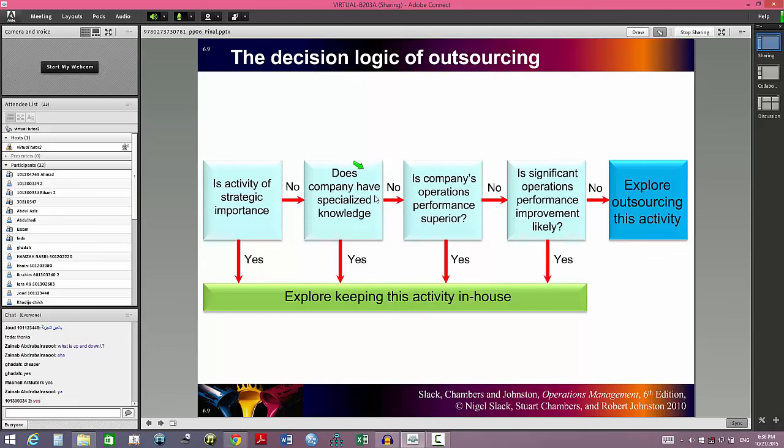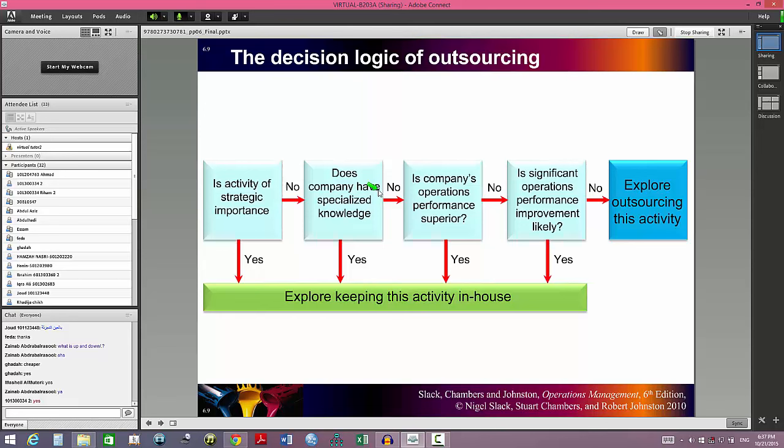Otherwise, if the operation is not strategically important, then we need to answer the second question, and the second question is related to whether you have specialized knowledge in doing this activity. If you have specialized knowledge, that means there is no other company in the market that has the knowledge that you have.